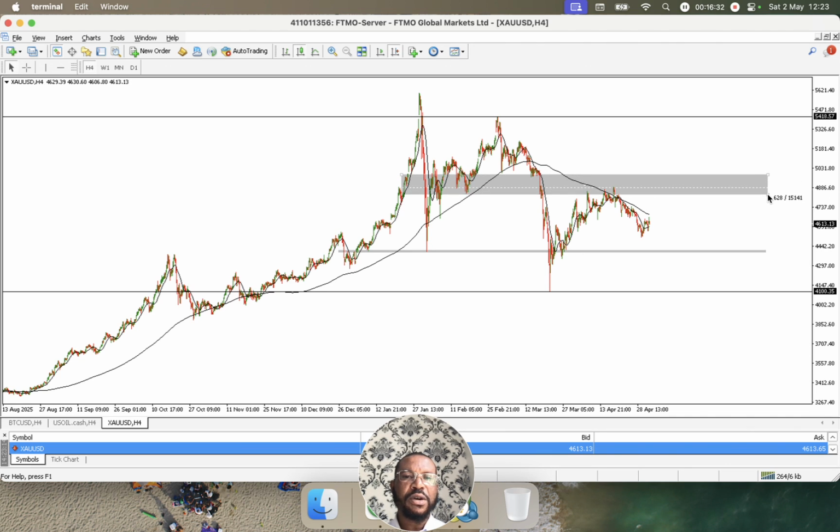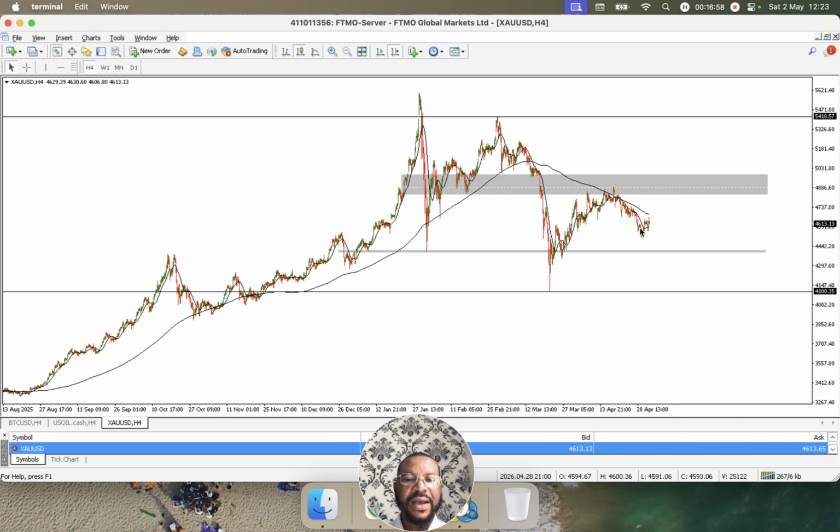Waiting for price to come to a resistance area around there. From there, I want to sell the gold, because when the market is ranging, whereby you have supply, you have demand, if you want to look for your entry, ensure that you are looking for your entry at a key level, just like where the market is now.